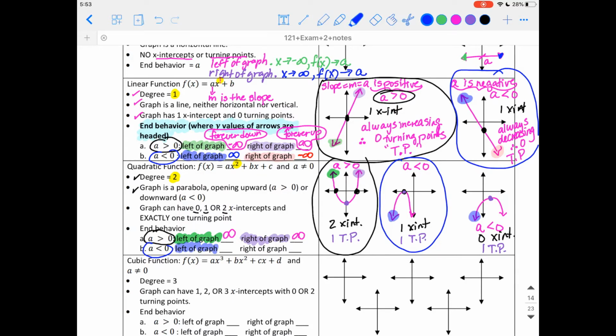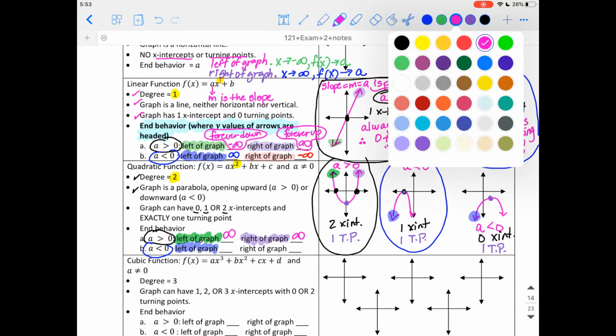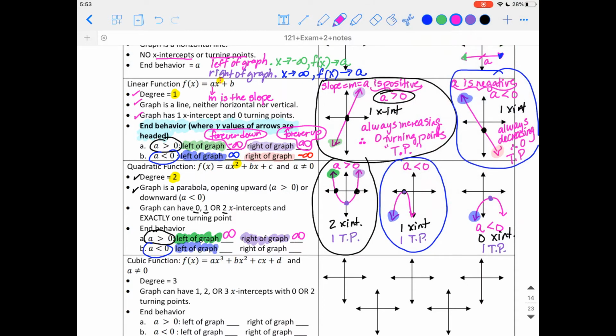The arrows are going forever down. So again, for the y values, you're going to be either saying up or down. So for this one, it's going to be negative infinity.